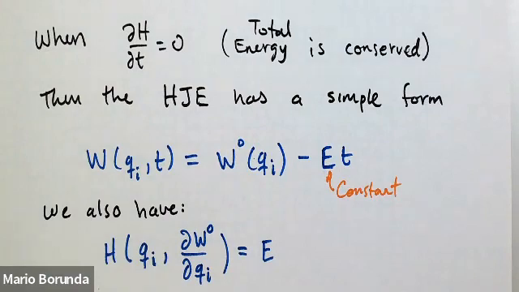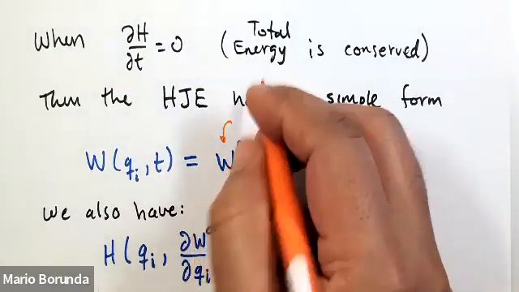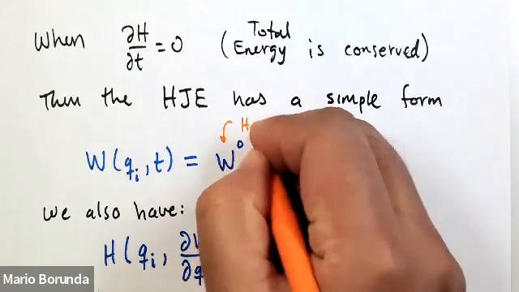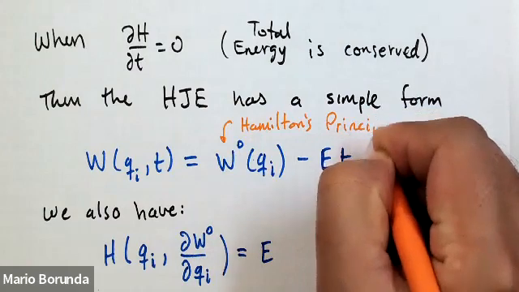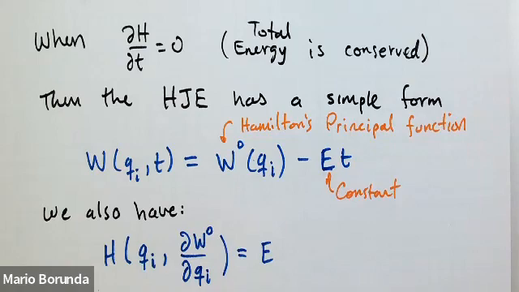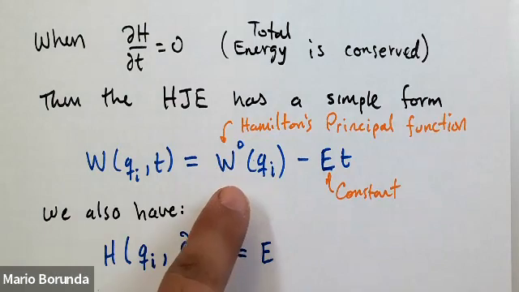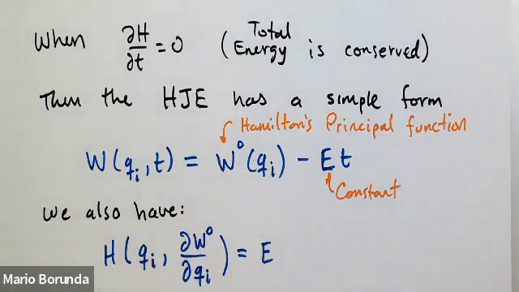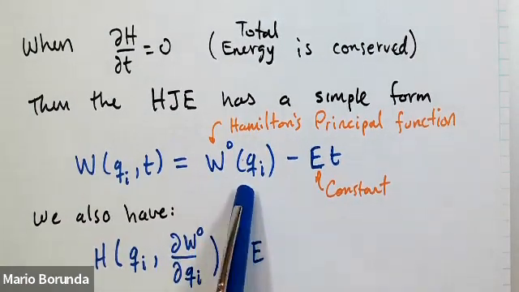And then we also have this guy right here. This one is Hamilton's principal function. And the important thing is that every path in configuration space is determined with this Hamilton principal function.